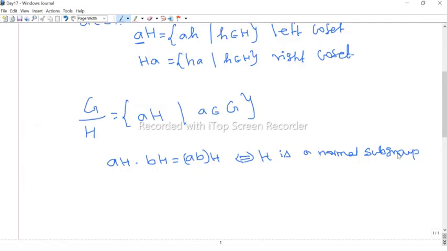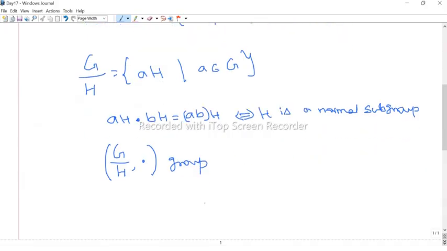So H is a normal subgroup. If H is a normal subgroup, then the product of two right cosets is again a right coset. Now, this is an operation, maybe you can take some usual multiplication. With respect to this coset multiplication, the set G by H forms a group. This forms a group only when H is a normal subgroup.